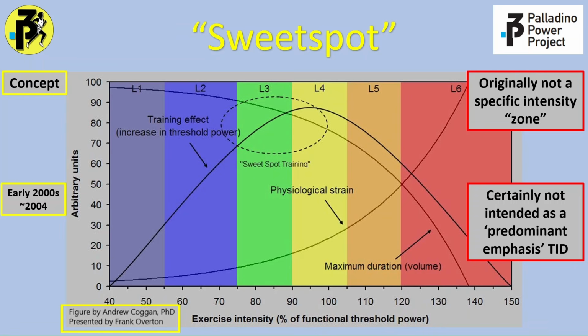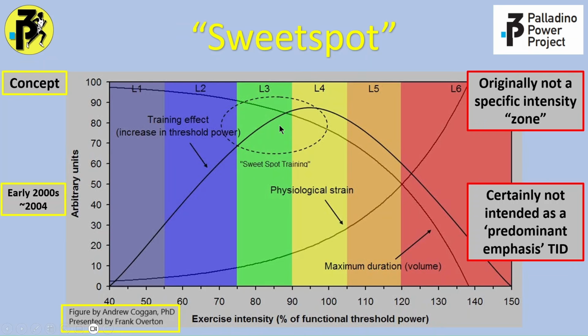So, as I said, unfortunately, it has evolved from a concept of bang for your buck, return on investment in a general area relative to FTP-CP, close to and below.